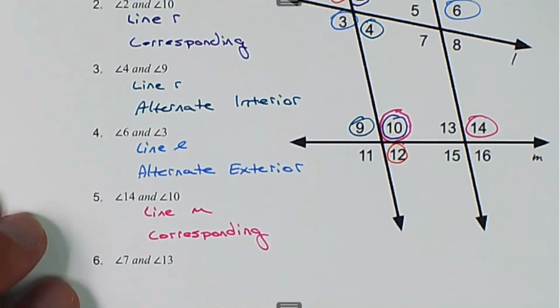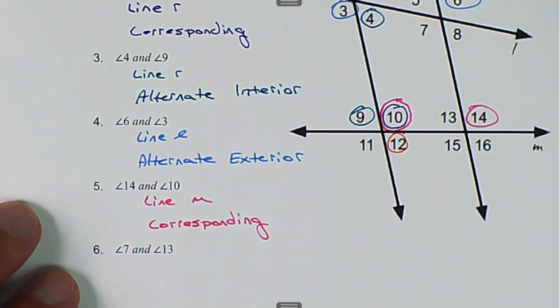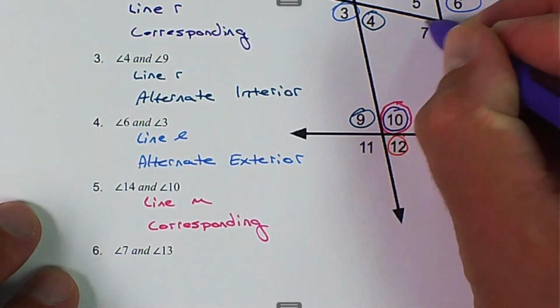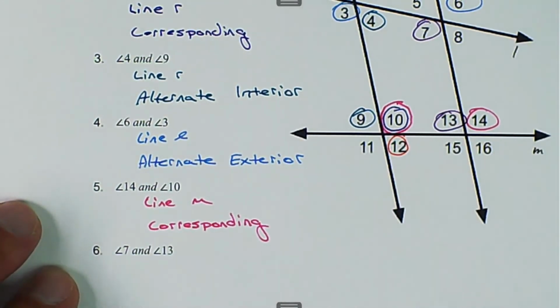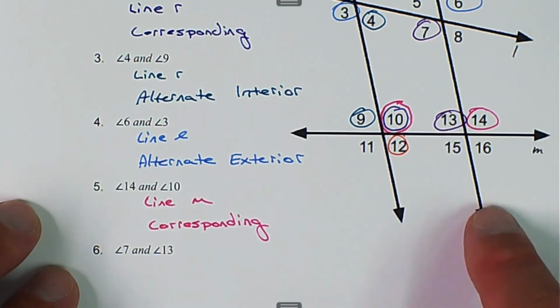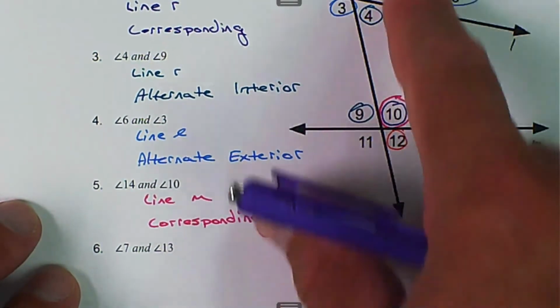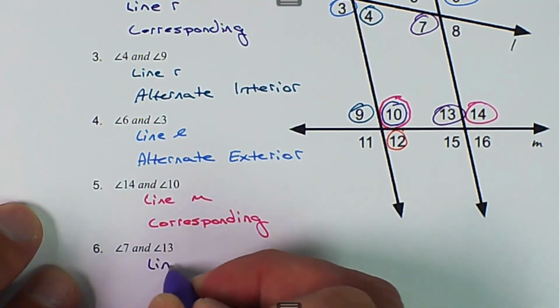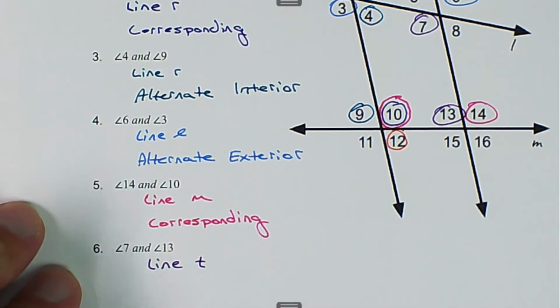The last example we have is angle 7 and angle 13. We have to find the transversal that they both lie on. In this case, it's line T. Are they interior or exterior?